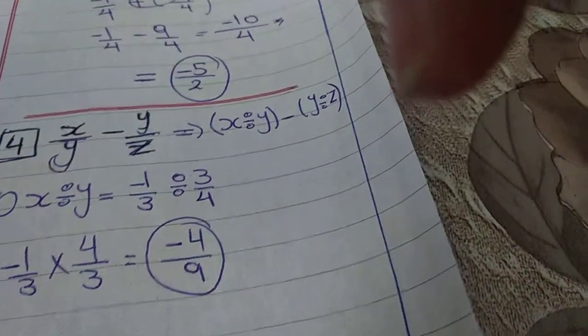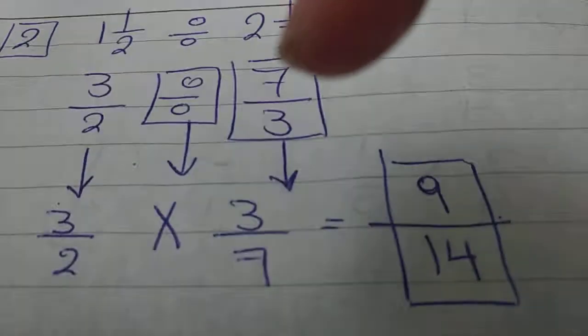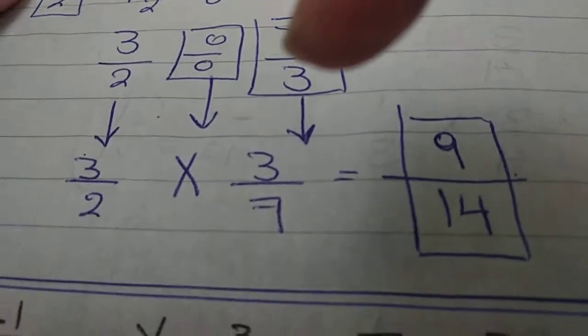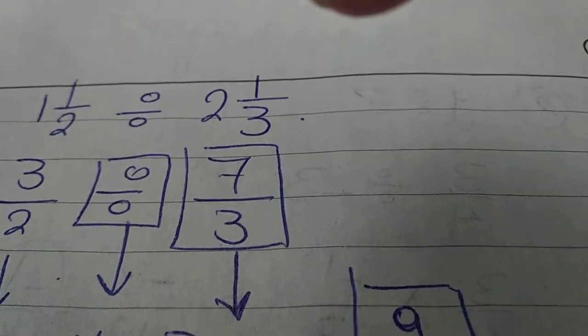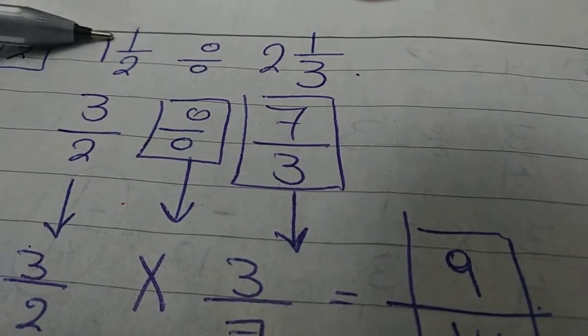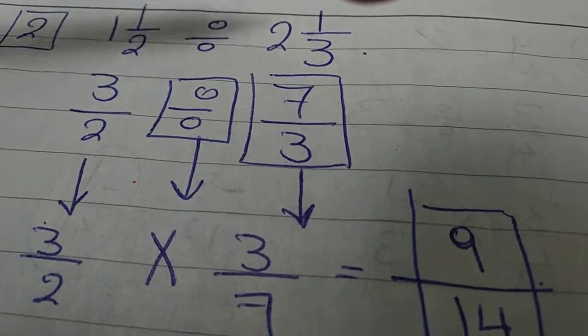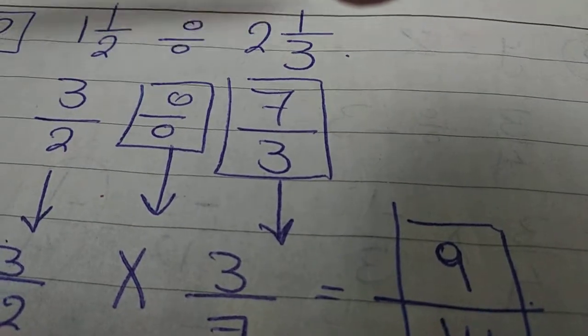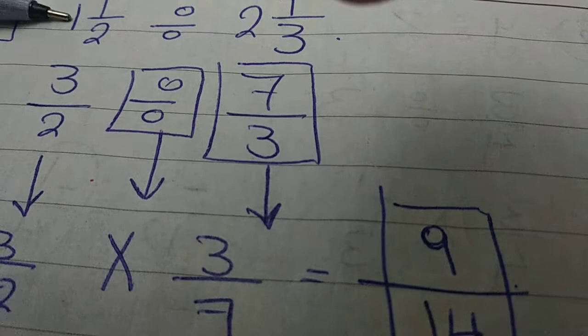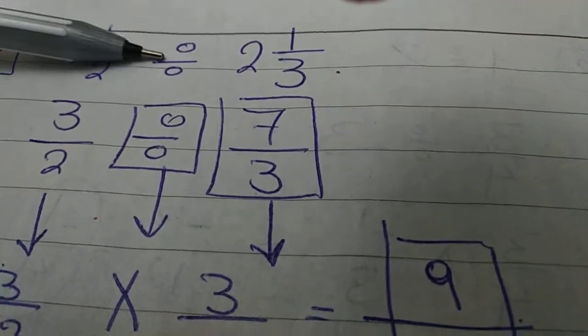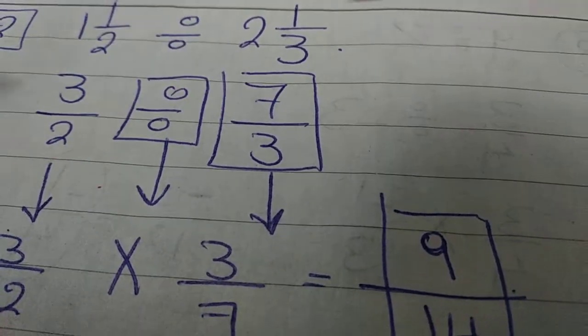Look at this example. 1 and 1 over 2, divide 2 and 1 over 3.